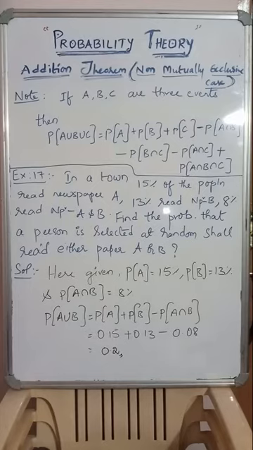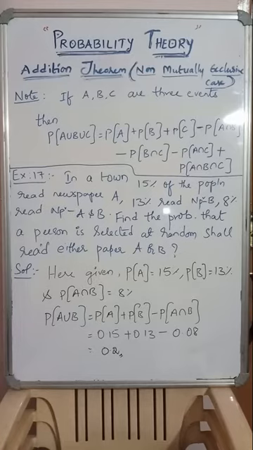In a town, 15% of the population read newspaper A and 13% of the population read newspaper B and 8% of the population read both the papers A and B. If a person is randomly selected, what is the probability that he reads either A or B, right?